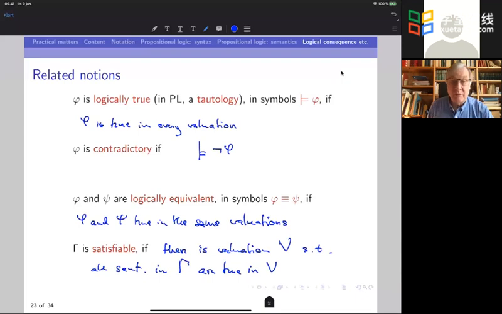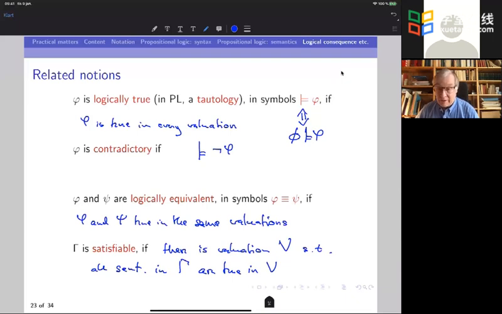I can define being a tautology in terms of being a consequence, namely this thing here. So here it is, phi is logically true, but that's the same as to say that it follows from the empty set. So here, the symbol to the left is the empty set. Okay, that's a set. We have a set of sentences, but in this case, it's the empty set.